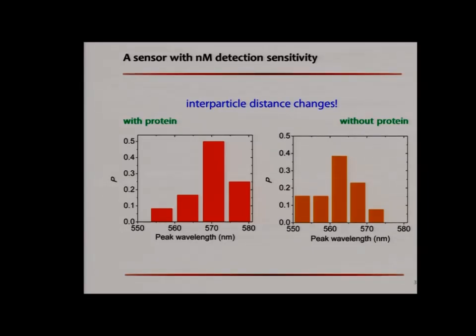And this system is already quite interesting on its own because essentially it's a highly specific sensor that can really sense the presence of this protein molecule at a high spatial resolution, highly specifically.